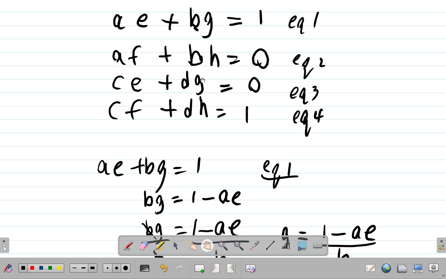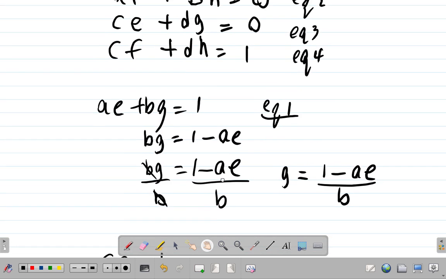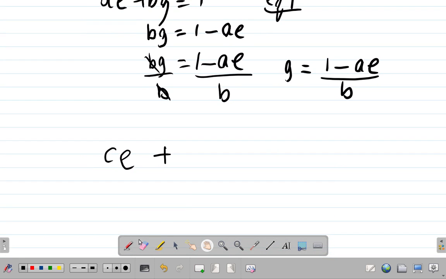That's a very nice strategy to use. So, equation 3 says CE plus DG equals 0. We want to know what G is equal to.